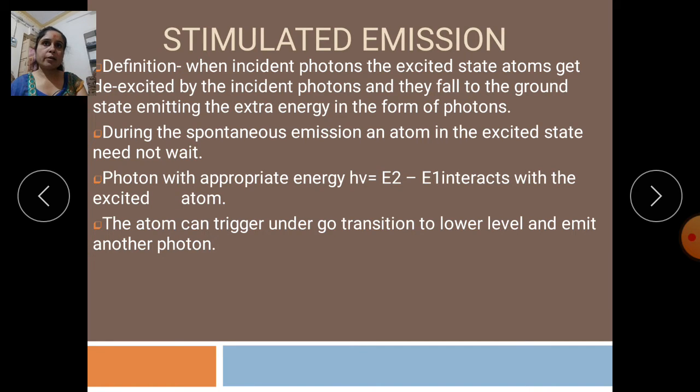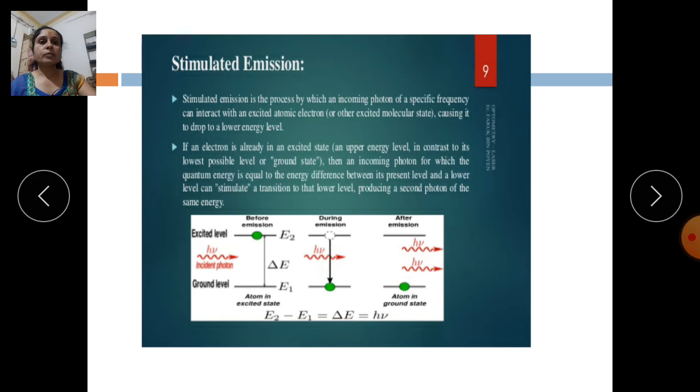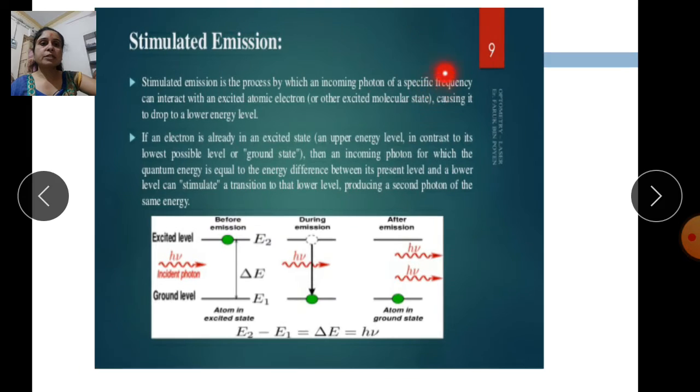The atom's transition to the lower level generates a number of emitted photons as radiation. Next, how the stimulated process occurs.